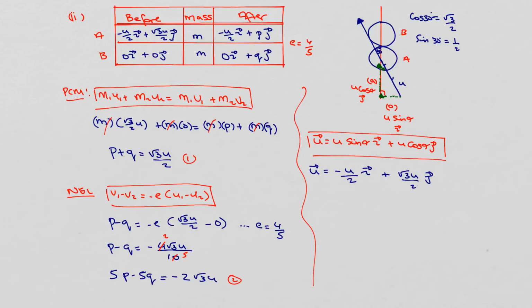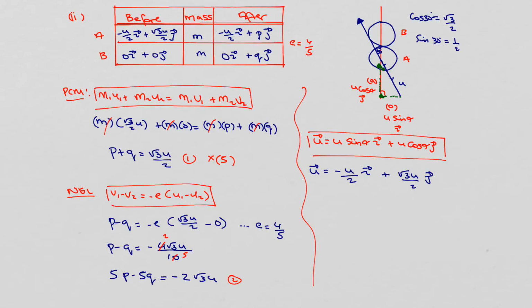Okay, so I'm going to multiply the first equation there by 5 and set up my simultaneous equations on the next page. So we're going to have 5p plus 5q is equal to 5 root 3 u over 2. And the second equation there then is 5p minus 5q equals minus 2 root 3 u. So my 5q's are gone, so that leaves me with 10p is equal to root 3 over 2 u.